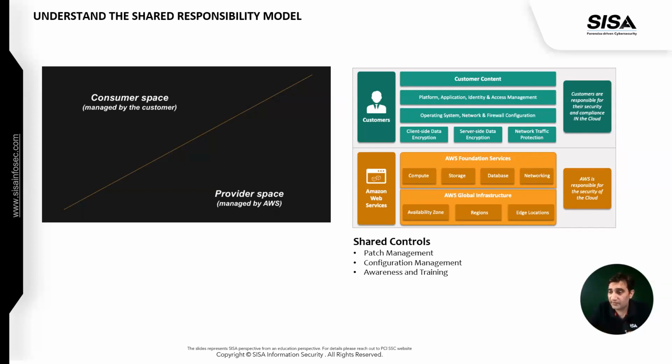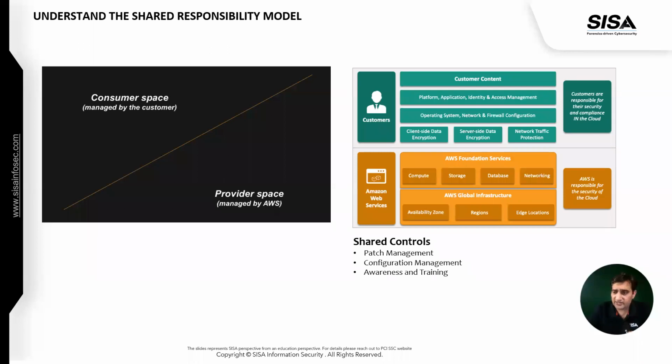For example, patch management. If you are going for infrastructure as a service, the patch management or the firmware management of the hardware lies as a responsibility of the cloud service provider, but as a consumer, you have to update your operating system. The same goes with configuration management, right?